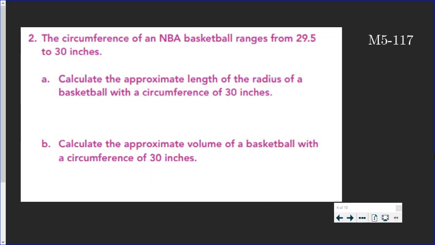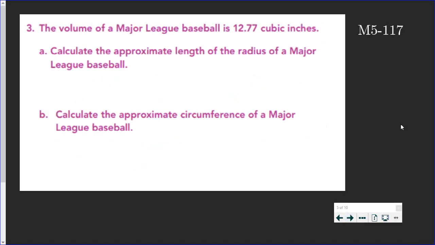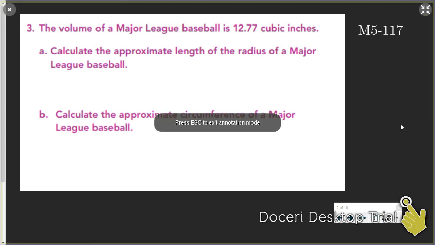Now let's go ahead and go to the last question on page 117. Now this one is even a little bit different. So what's given is the volume of a Major League Baseball. So this is the volume, so that is important. We haven't had a question like this yet where it gives us the volume.